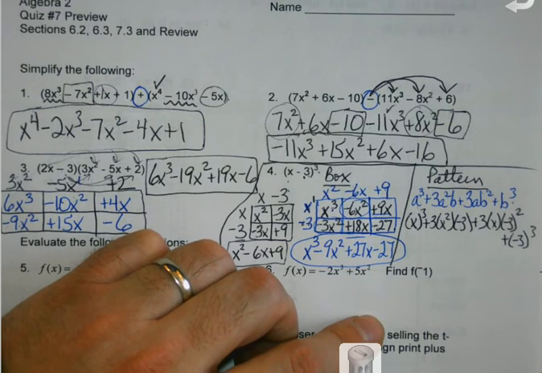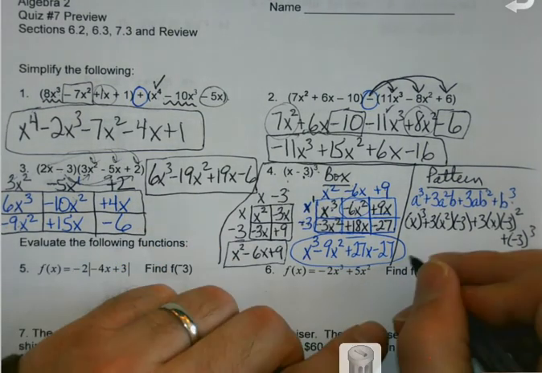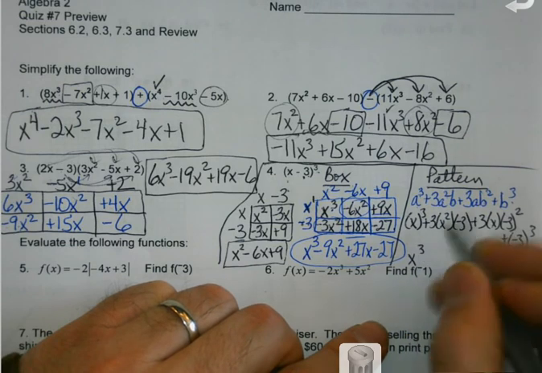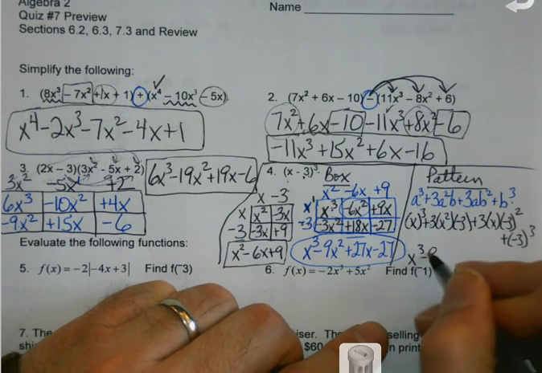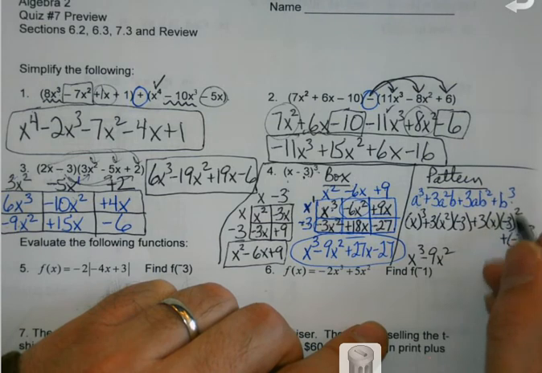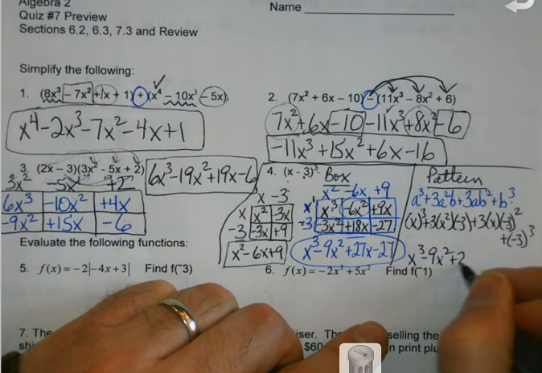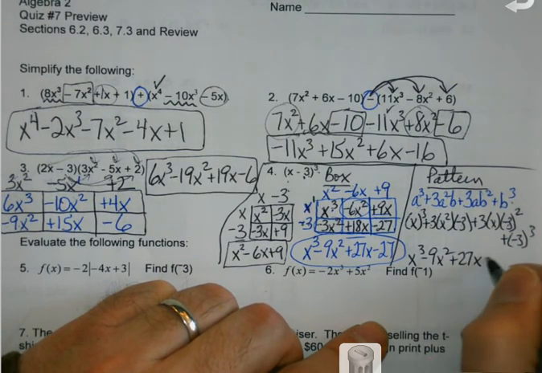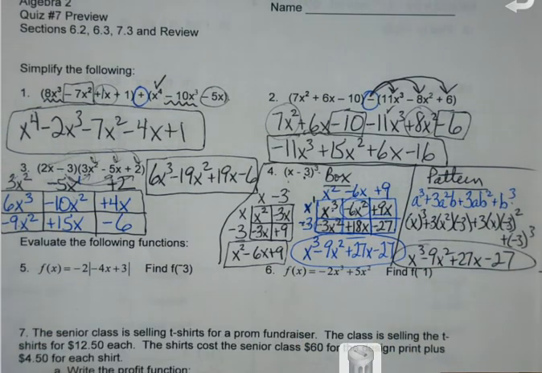And for some of you, that's like me speaking a foreign language, and you want to stick with this, and that's fine. But again, if this is something you're looking at, you're like, oh, okay, I can remember that pattern right there, and then I'm just going to, let's see, negative 3 squared would be 9. That'd be 27x minus 27, and I get the same thing.